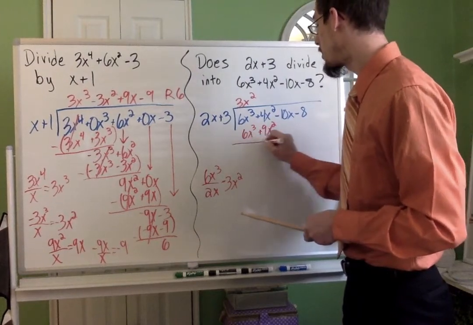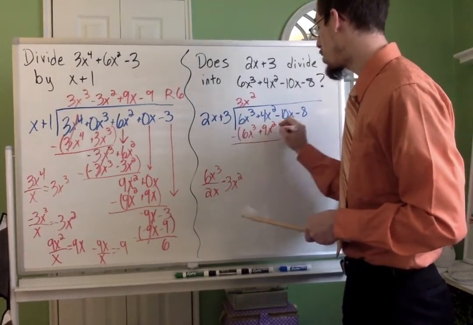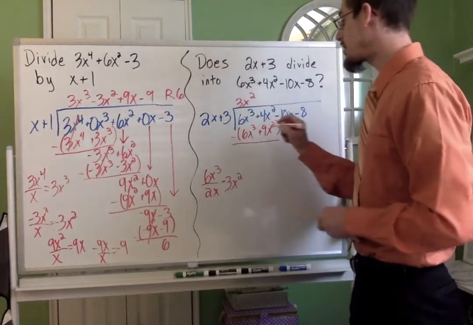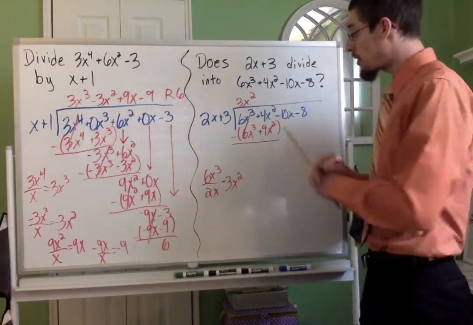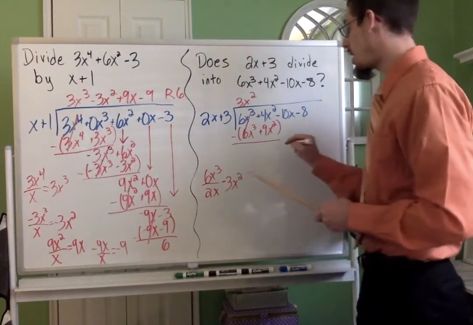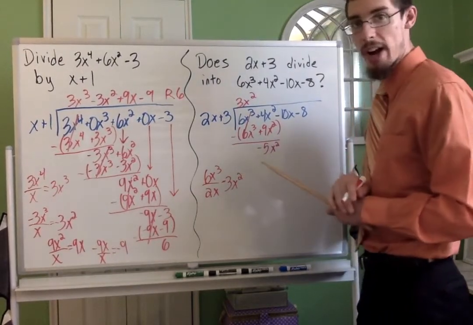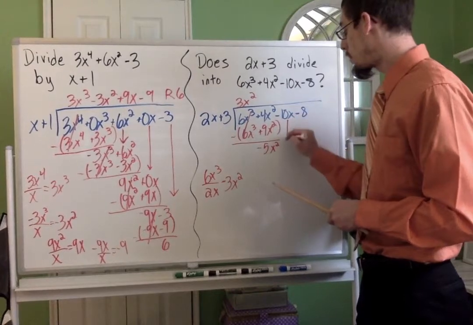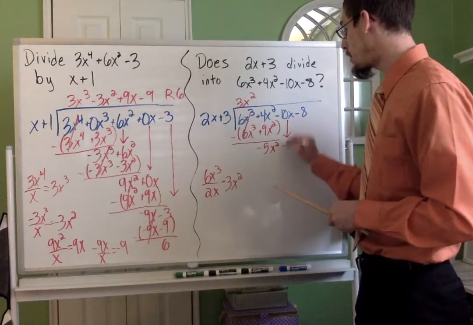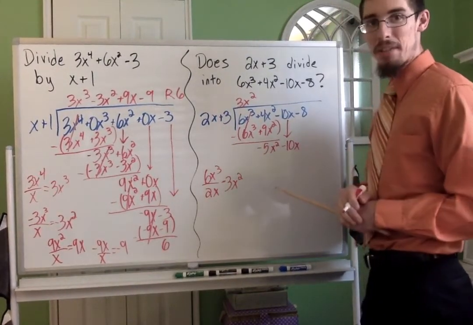Then I subtract. 6 minus 6 cancels. 4 minus 9, negative 5x squared. Bring down the next term, negative 10x.